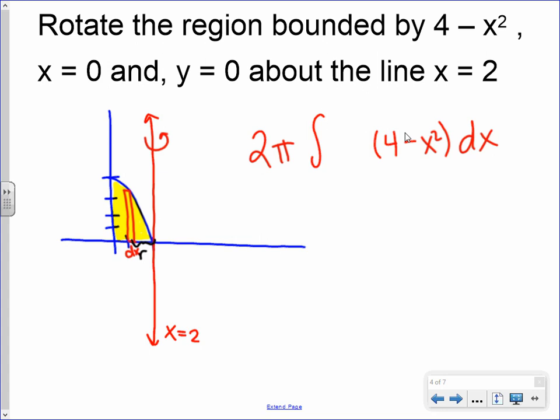What's this distance right here? Minus a. Okay, who's more positive? The rectangle or x equals 2? A minus x. Okay, and instead of a, we can write 2 minus x.